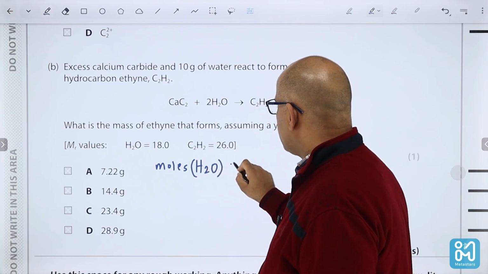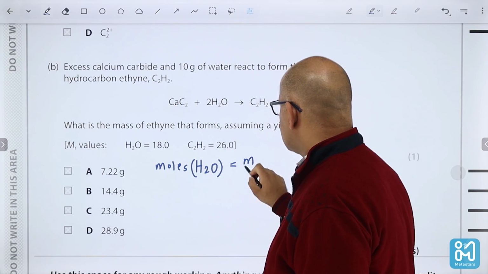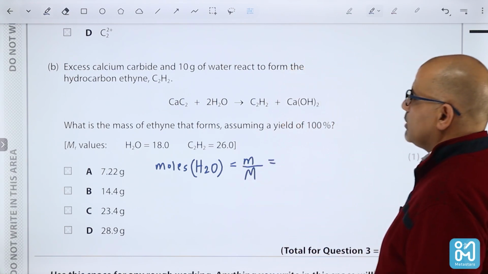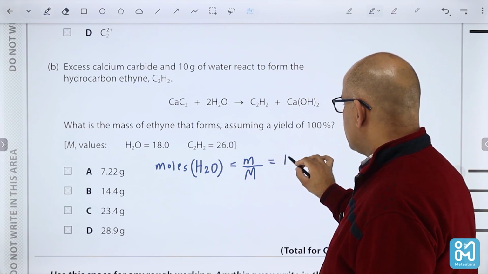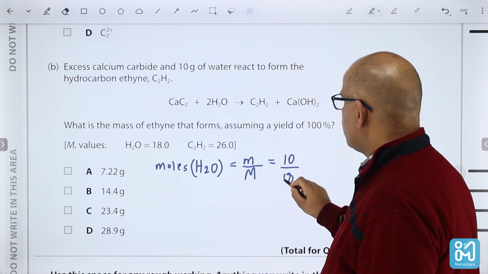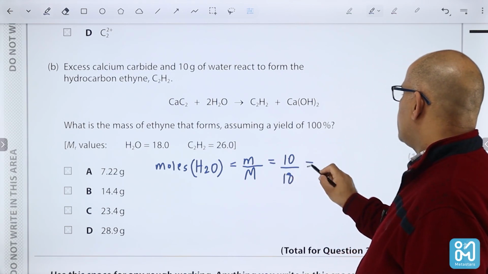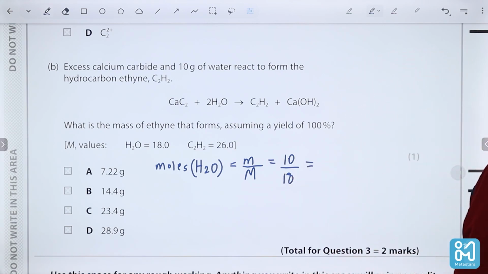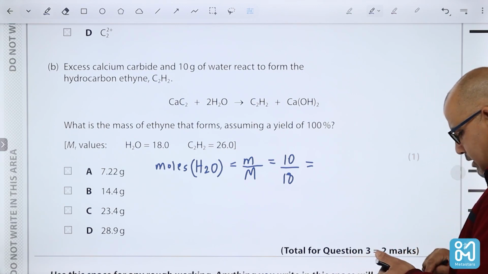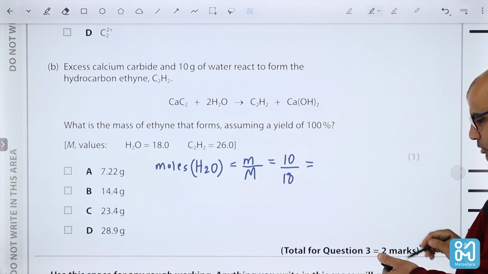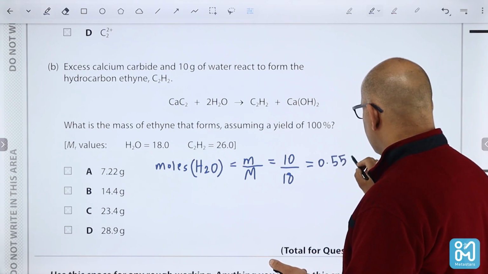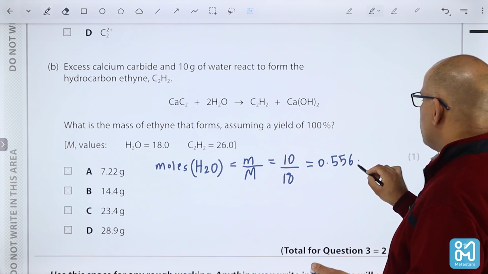The moles equals the mass over the molar mass, which equals 10 over 18, which equals 0.556 moles.